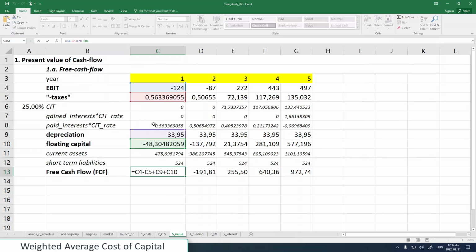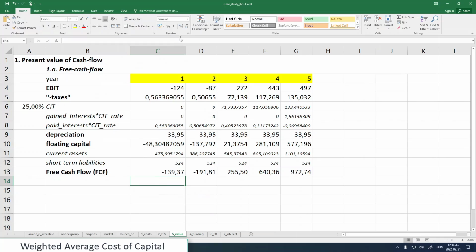I just took C5. I just added them together. It's just a sum. We have these three components, so that's why. Thank you. Better. Okay, we can continue.